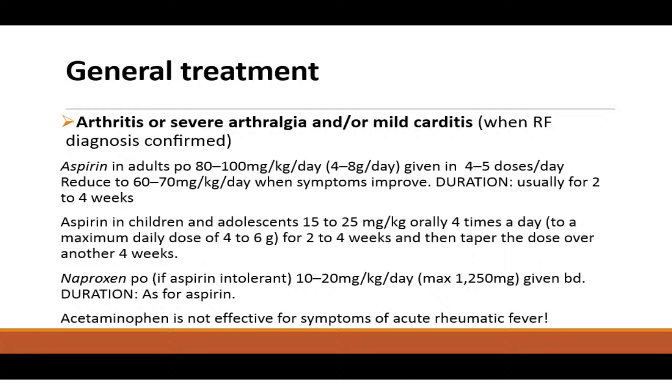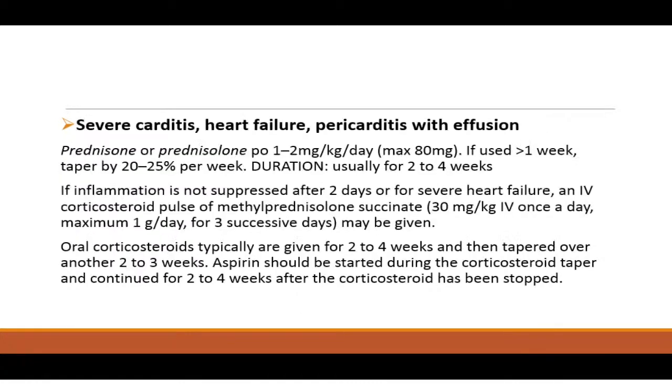That's why we don't use it. It doesn't control inflammation as we need. So the main ones are aspirin and naproxen. There are some recommendations about diclofenac, but in general, remember aspirin and naproxen.